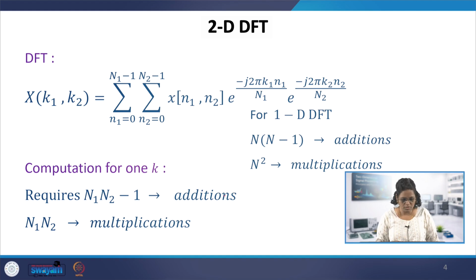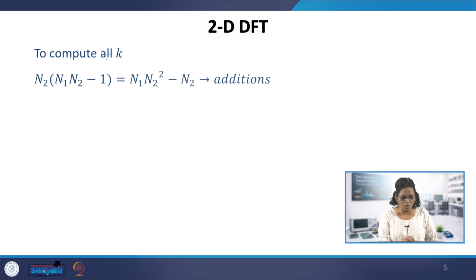So, if we do the same for all k values, then n1 n2 minus 1 into n2 rows. Especially, first we will do the row-wise computation and then the column-wise computation. So, for example, if we take row-wise computation of 1D DFT first, then n1 n2 minus 1 additions should be done for n2 rows.